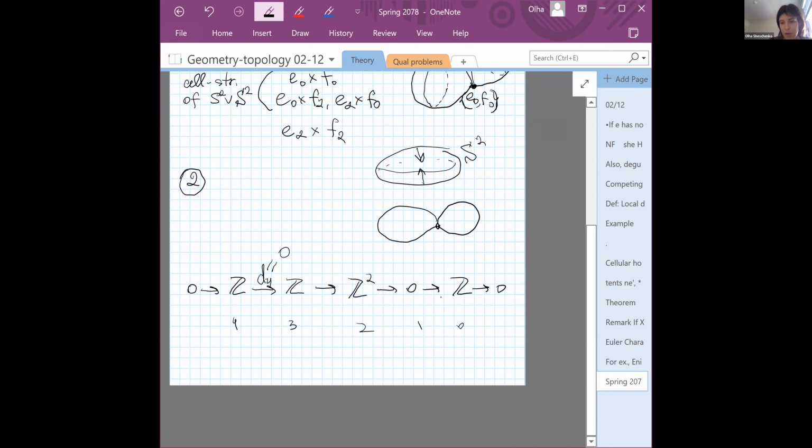Then we also know that, since we again have only 1 0 cell, this map is 0. What else? Okay, so this is still not enough information, so we need to figure something out about this map.